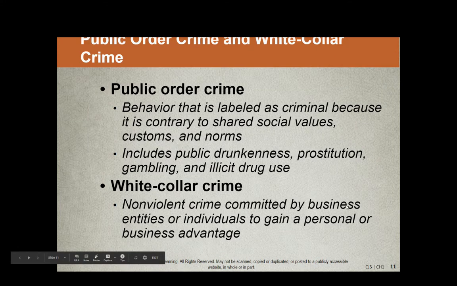Okay, so public order crimes are behaviors that have been labeled criminal because they are contrary to shared social values, customs, and norms. So this is kind of talking a little bit about those models that we were talking about before. Today, the most common public order crimes are public drunkenness, prostitution, gambling, and illicit drug use.